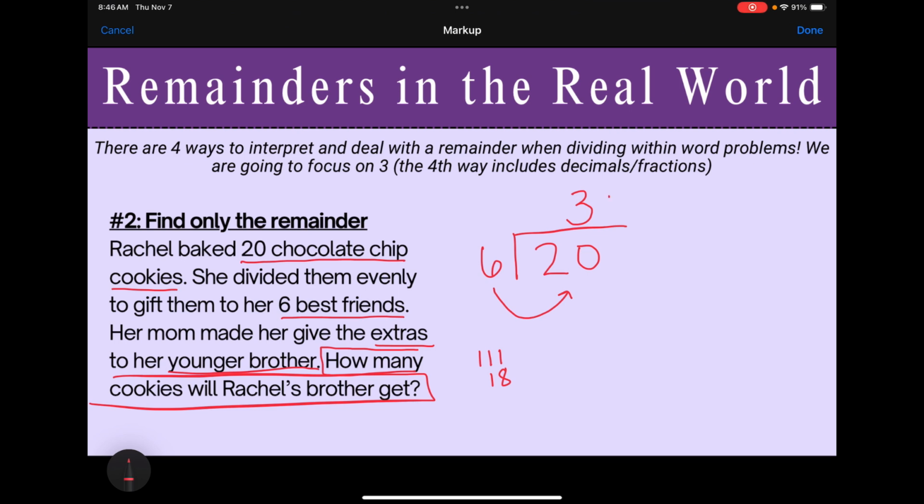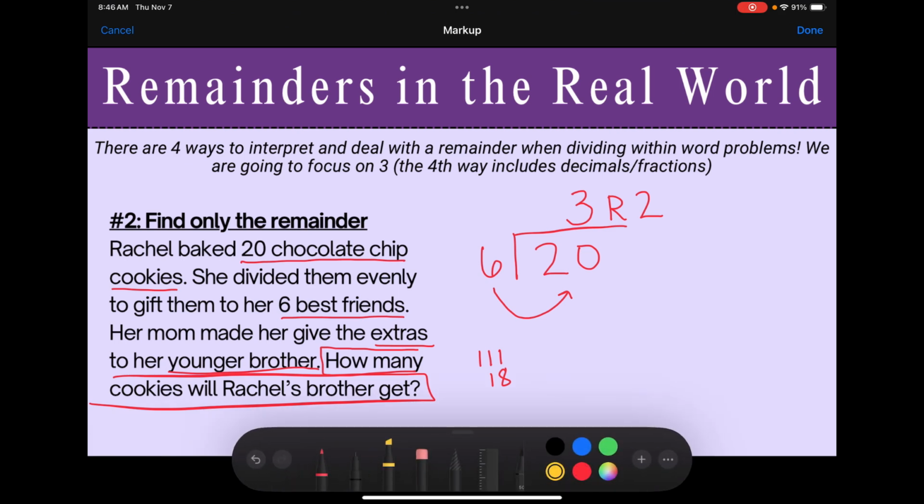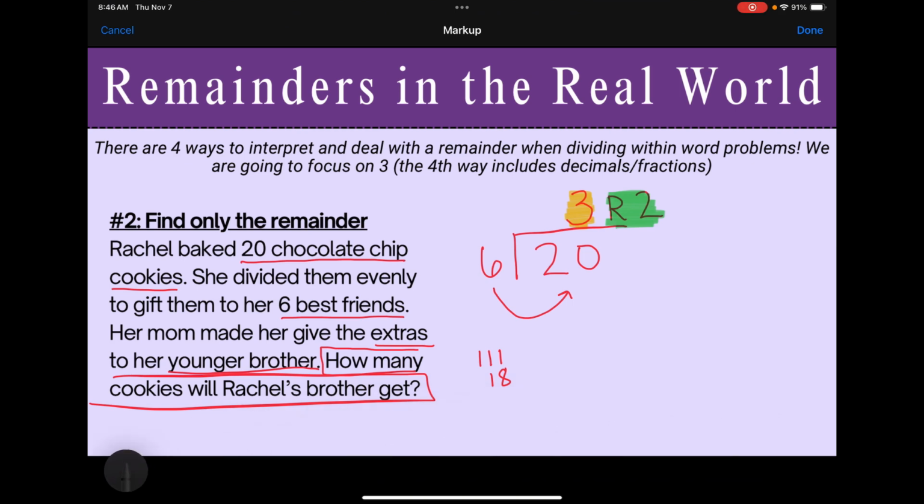The difference between 18 and 20 is 2, so our remainder in this case is 2. Now again, these numbers represent different things. This 3 in this case represents how many cookies each of her best friends get. They all get 3 cookies each. This remainder 2 represents something different. That's how many cookies would be left over after giving them out to her friends.